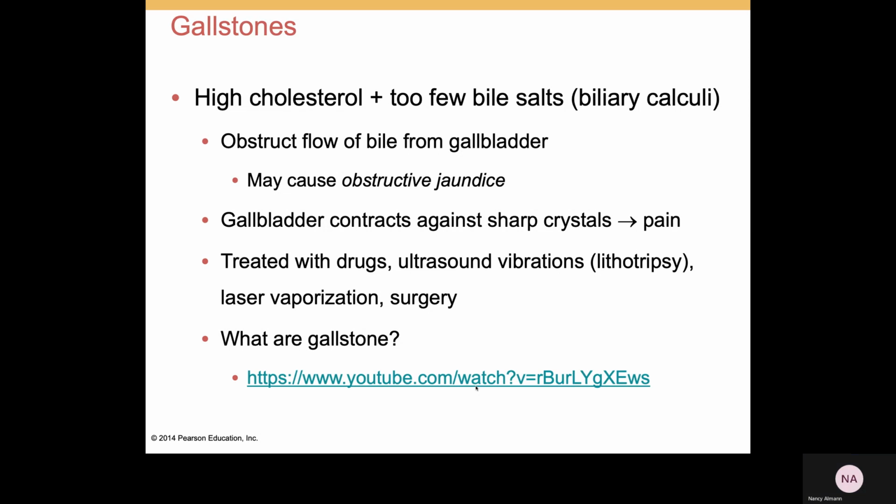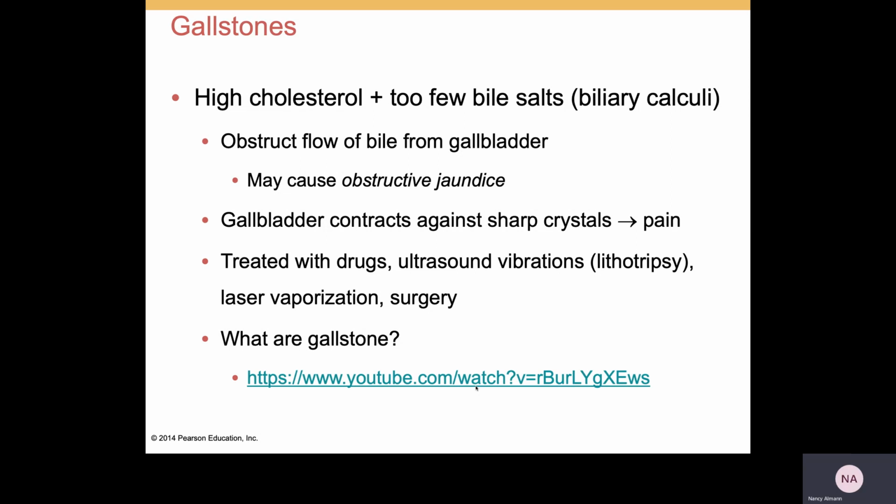Gallstones can be very painful, and that's generally why people have their gallbladder removed. Due to high cholesterol and too few bile salts, they can potentially obstruct flow of bile out of your gallbladder, and therefore you may end up with obstructive jaundice. The gallbladder contracts.